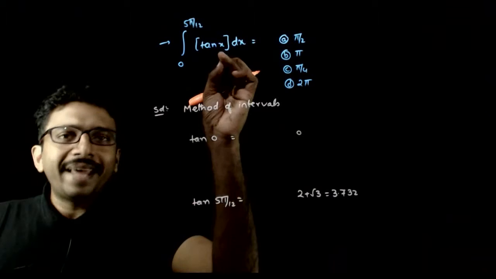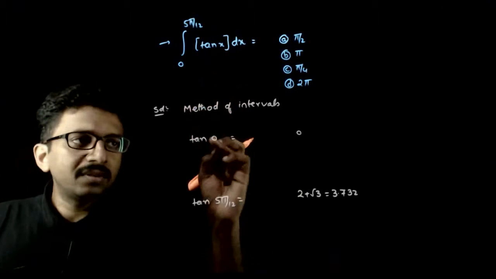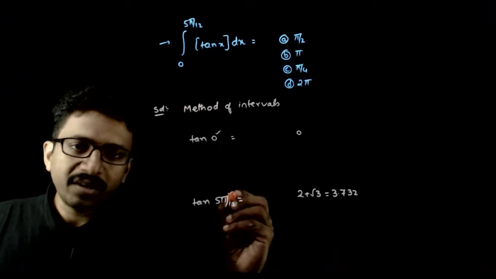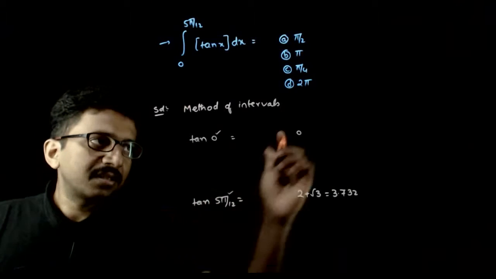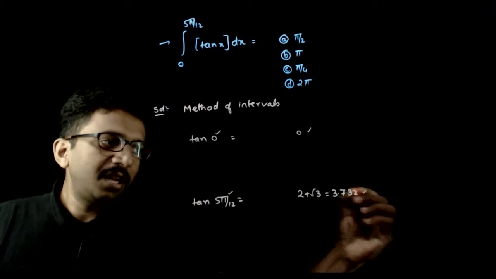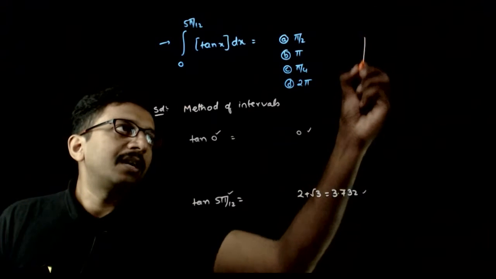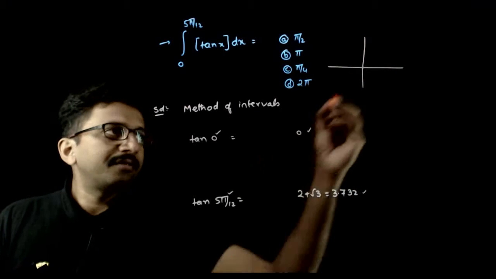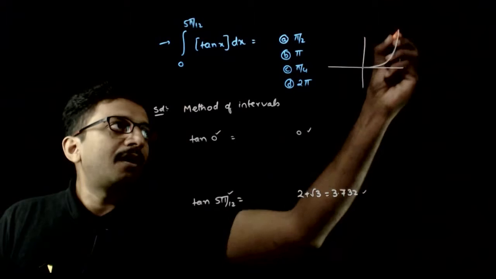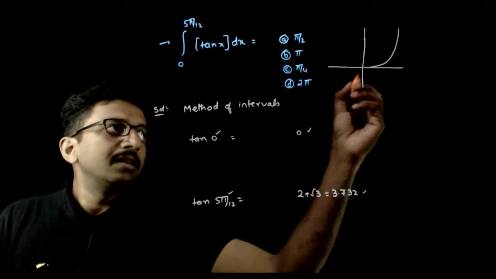So, as x goes from 0 to 75 degrees, tan x goes from 0 to 3.732. If you draw the graph, the graph of tan x looks something like this.